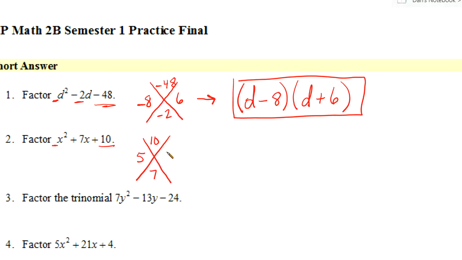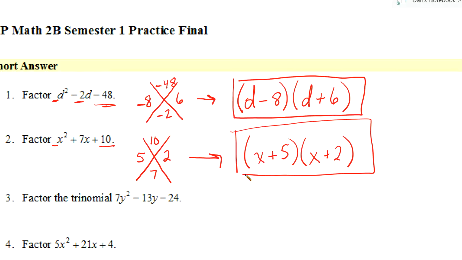It'd be 5 times 2. They're both positive. So we would have x plus 5 times x plus 2. And that is it for number 2.